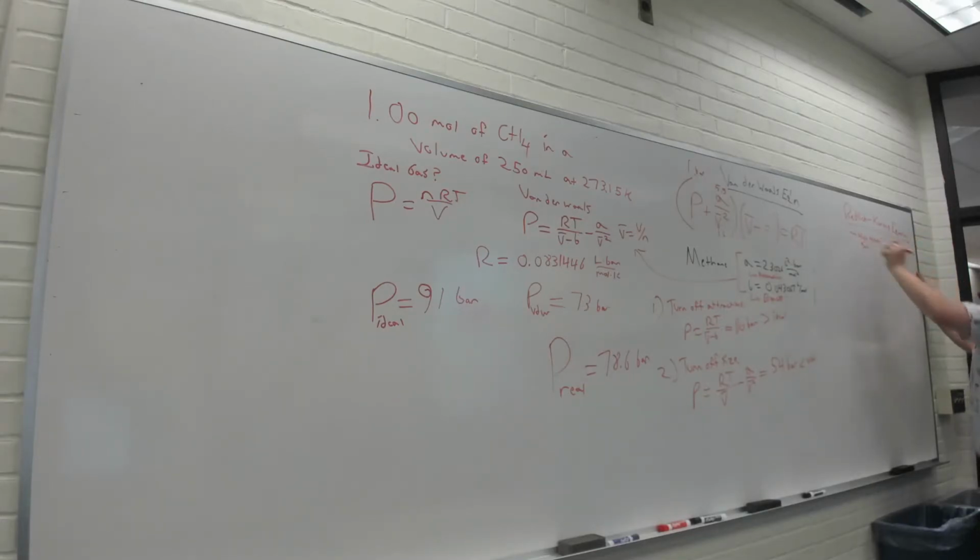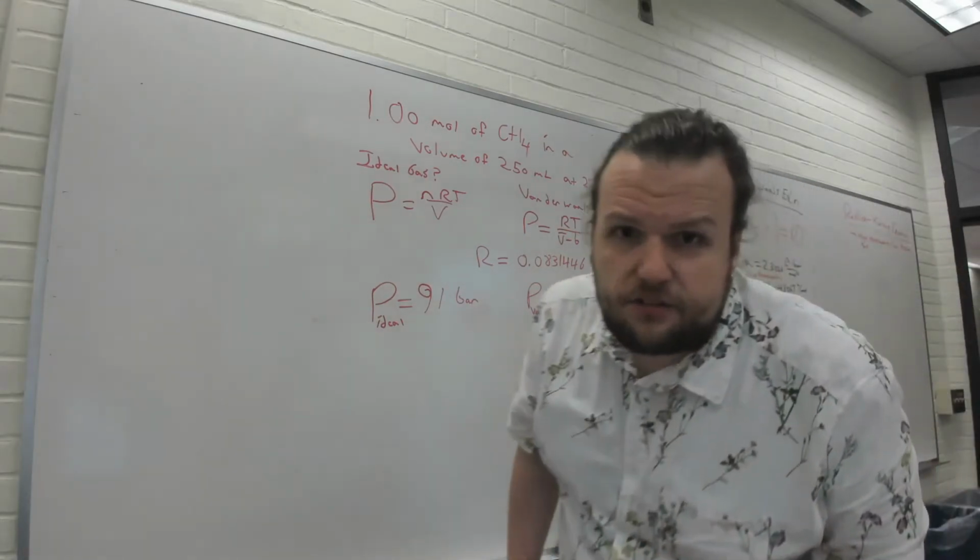In order to form ammonia from nitrogen and hydrogen, you need to be at very high pressure and very high temperature. And so to model that, you typically use this Redlich-Kwong equation because it's very accurate for high temperature, high pressure gases. And I'll explain why that is once I write it down.